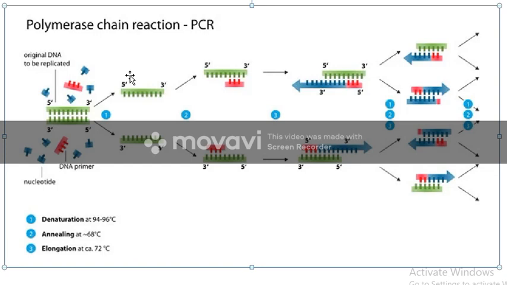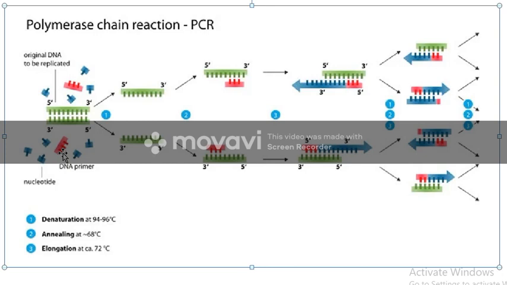Once the breaking of the bonds happens, the second process is annealing, where the primers are added. One is the forward primer, the other is the reverse primer. The forward primer is of 5' to 3' direction, and the reverse primer is on the other strand, of 3' to 5' direction.